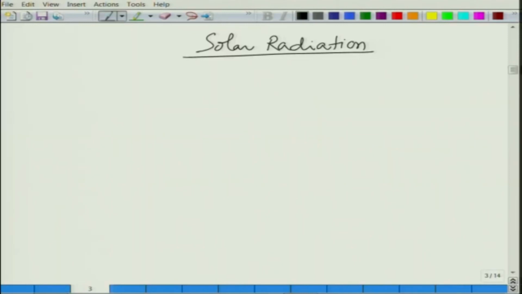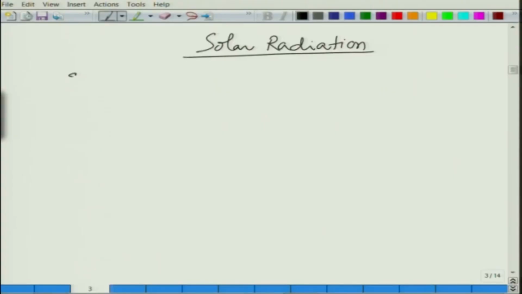Now, whenever we talk about radiation, if you have some very basic background in heat transfer, you know that anything, whatever you look at, whatever you can see, maybe where you are sitting, you have a fan on top of your head, you have a pen in your hand. So, all these things, whatever you are seeing, everything is actually radiating some energy.